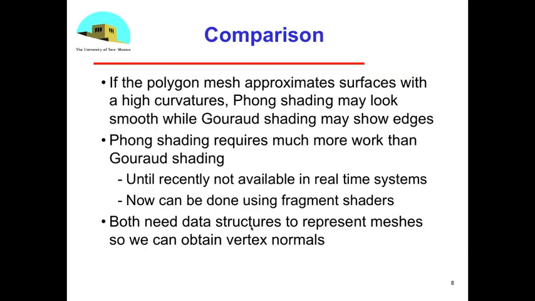You would notice it. Let me talk about the comparison. If you looked at high curvatures, places where the surface that you're trying to approximate was changing very rapidly, you might notice that Gouraud shading is not going to look as good as Phong shading.